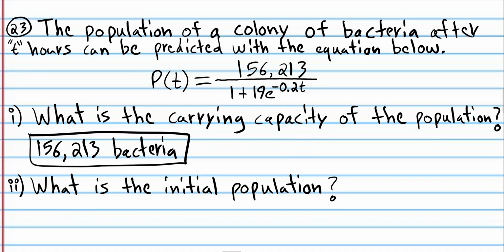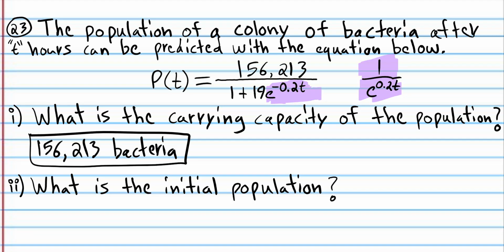So the logic behind that is that, well, this purple expression here, because it has a negative exponent, it's actually 1 over e to the 0.2 t. So these purple expressions are the same thing. They're equal to each other.